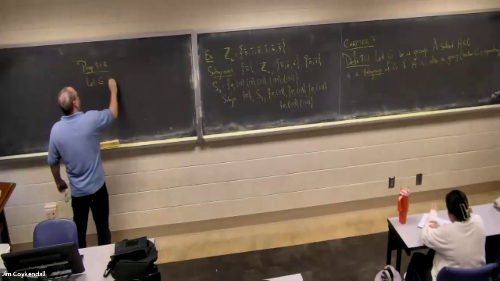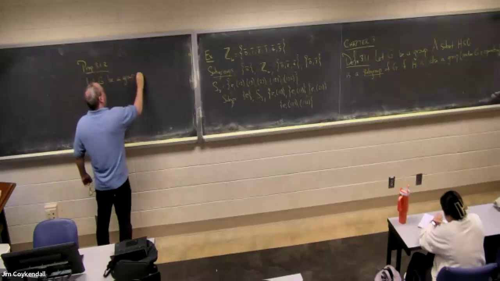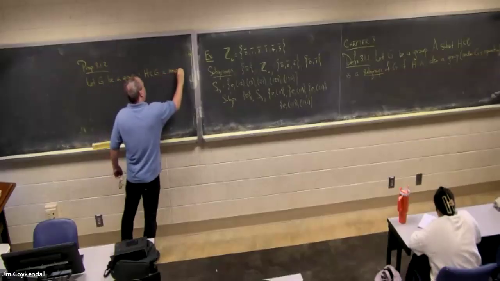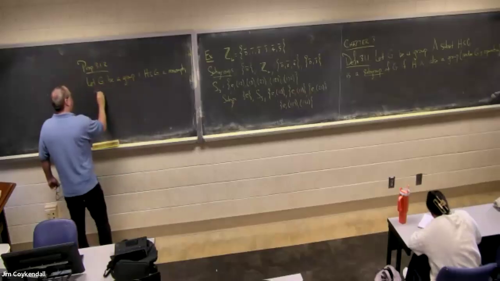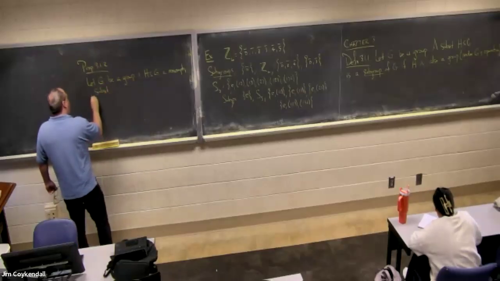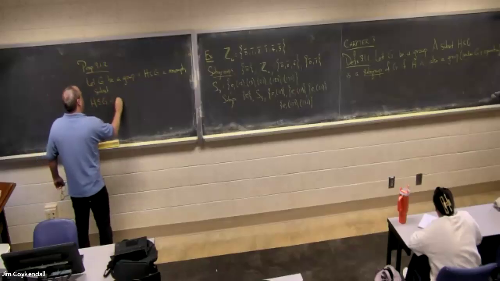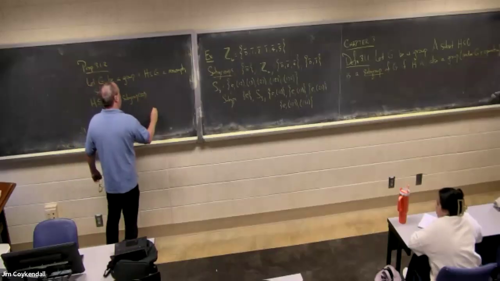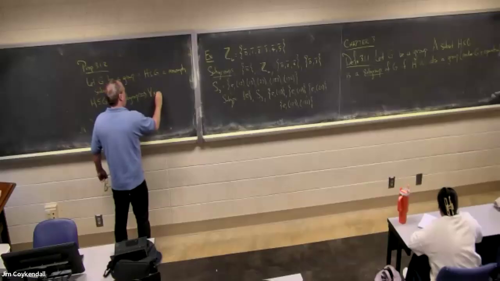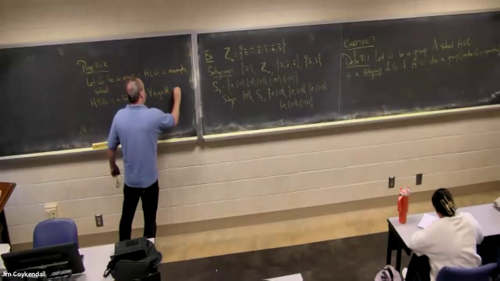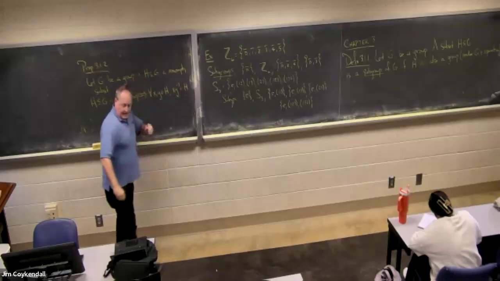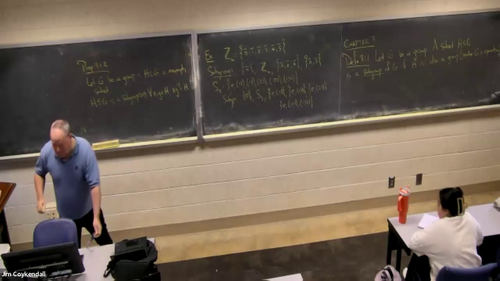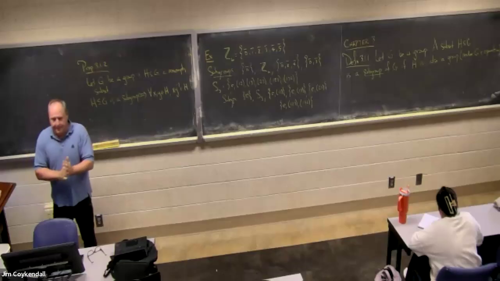Let G be a group and H a subset of G not equal to the empty set. H is a subgroup of G if and only if for all x, y in H, x y inverse is in H. I'm gonna prove that for you next time. This is called the subgroup criterion, and it will make your life easy on a lot of problems.